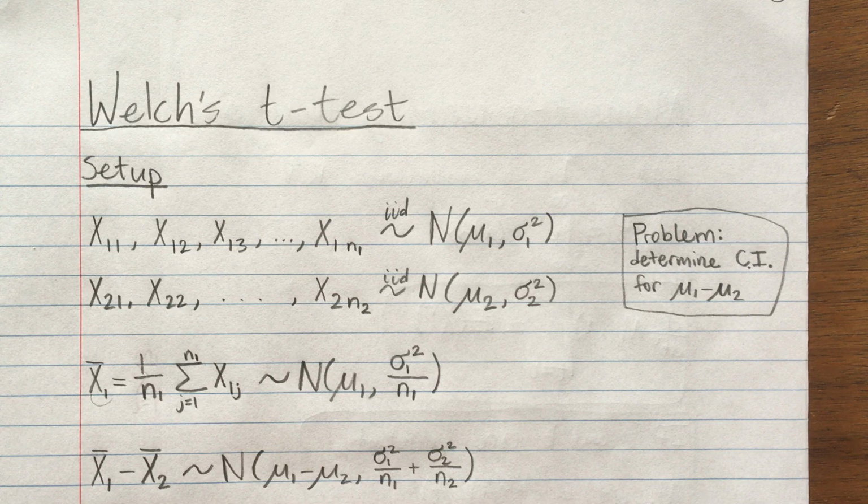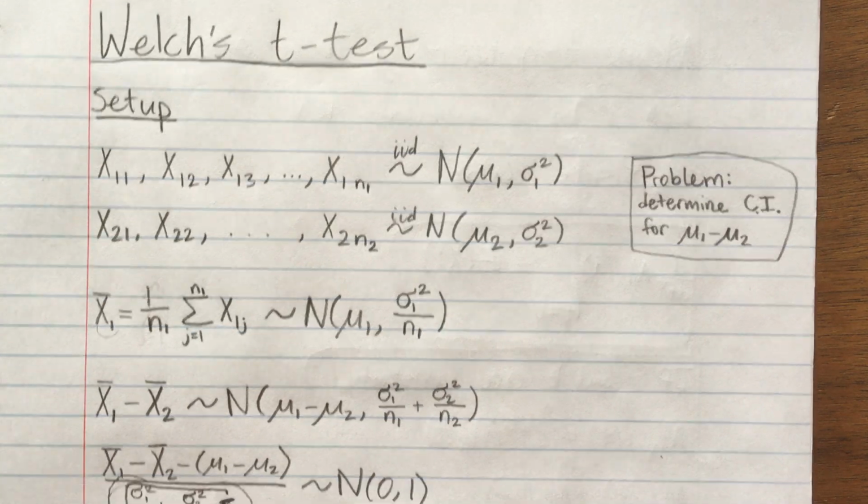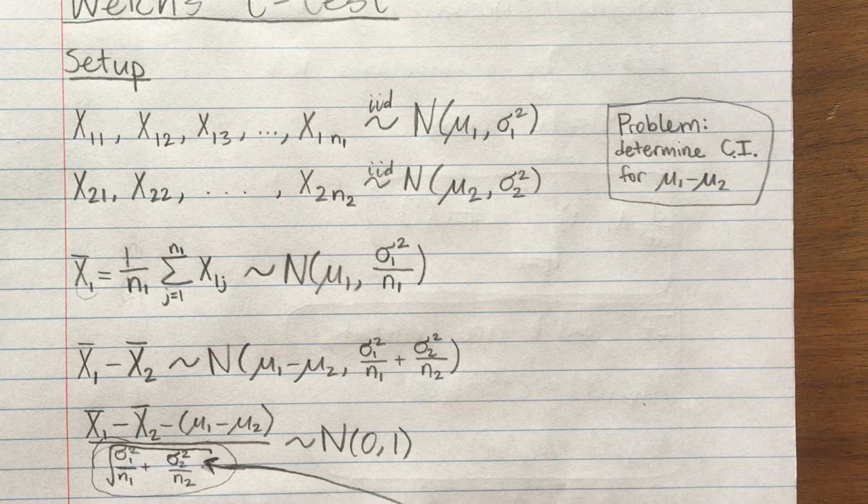That's because the two random samples are independent from one another. Here we standardize: we subtract the mean and divide by the standard deviation, and we get a standard normal.